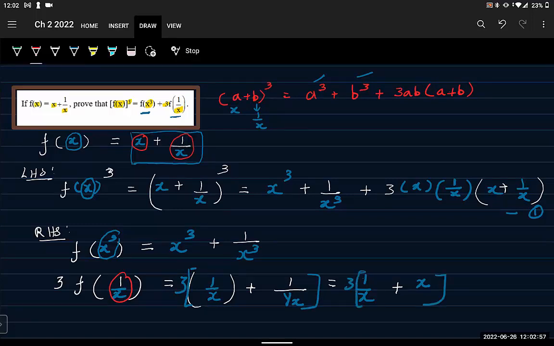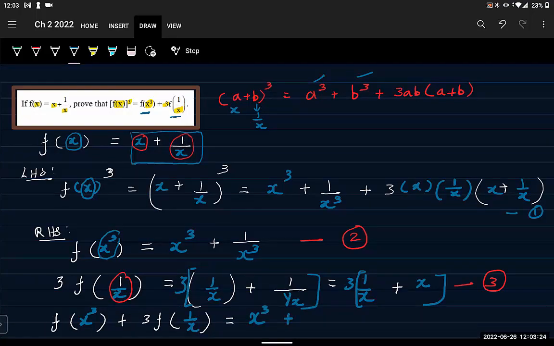Now adding the second equation and the third equation, we'll get f of x cube plus 3 times f of 1 by x will be equal to x cube plus 1 by x cube plus 3 times, inside the bracket, x plus 1 by x.